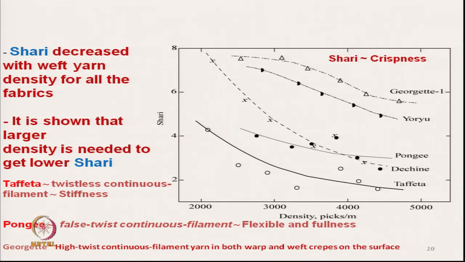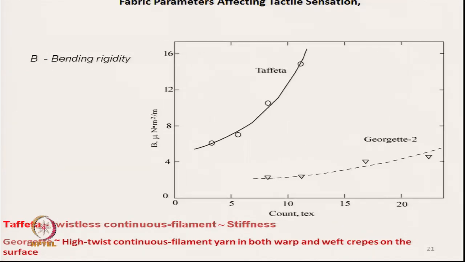Similarly, if we want crispness, a crisp feeling, we have to go for high twist. We can see georgette fabric or chiffon having very high crispness. So, the fabric handle or fabric feel can be controlled by changing the level of twist. Now, we have discussed the bending rigidity.